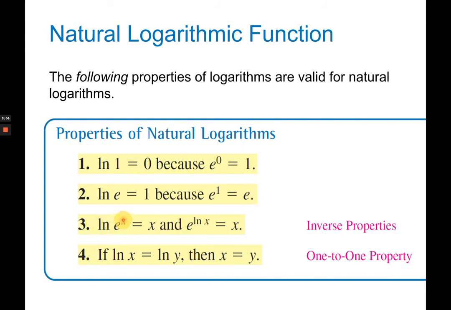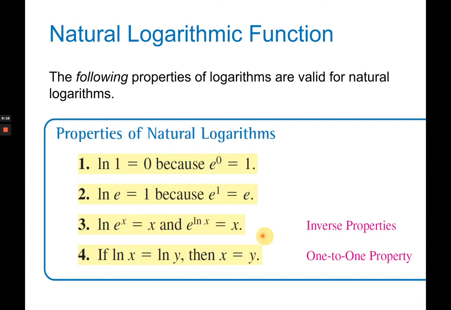ln of e raised to x is equal to x, because we can write x in front of ln, and ln e is 1. And e raised to ln x, where ln is logarithm base e, the e and ln cancel each other, so the answer is x.